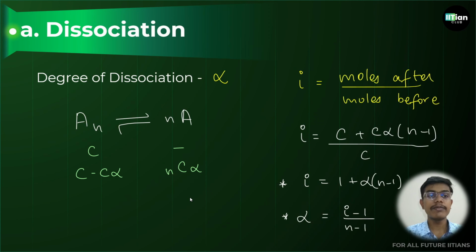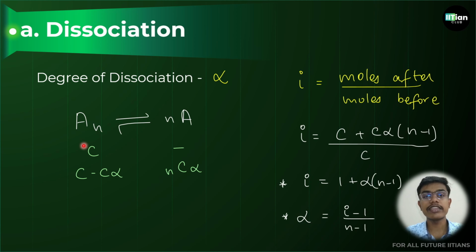And in this, we'll be looking into dissociation and association in some depth. Let's say A_n is getting dissociated into n different A's. A_n is a single compound and it is getting dissociated into n different parts. This comes from the chemical equilibrium part; if you know how to write these things, then this will be easy for you.